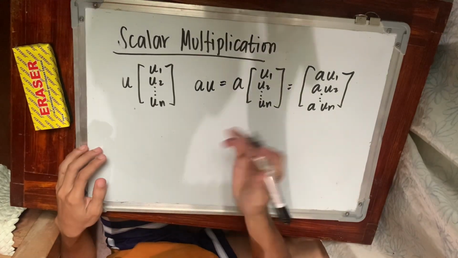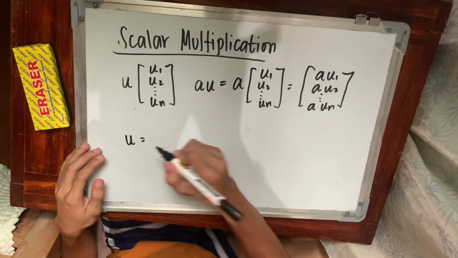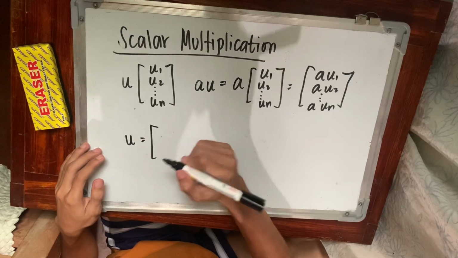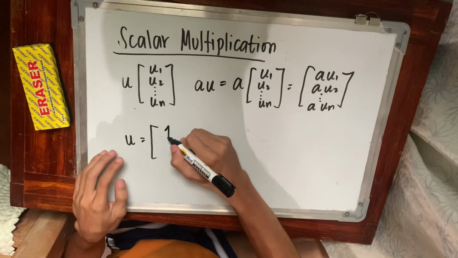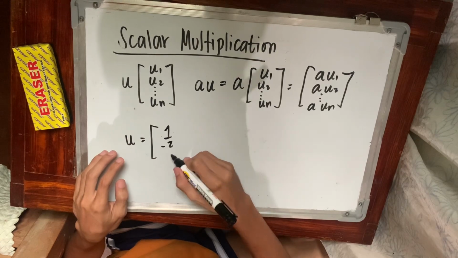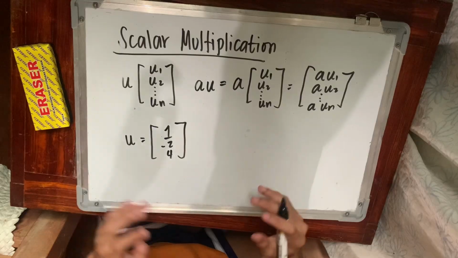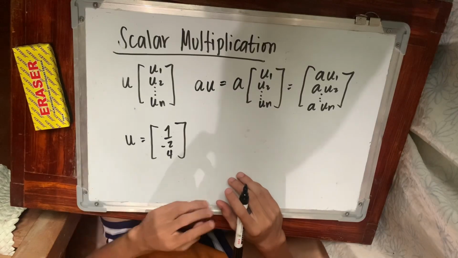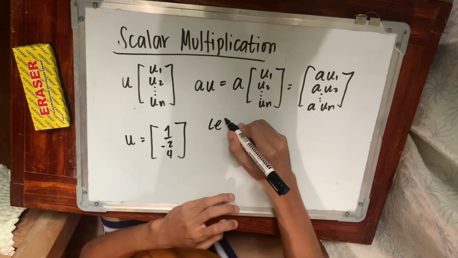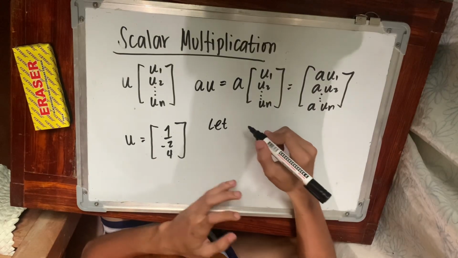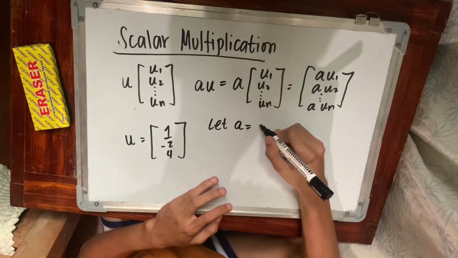So suppose we have a vector u is equal to, let's say for example, 1, -2, and 4. If we multiply a scalar to vector u, let's suppose that the value of a certain scalar a is equal to 4.